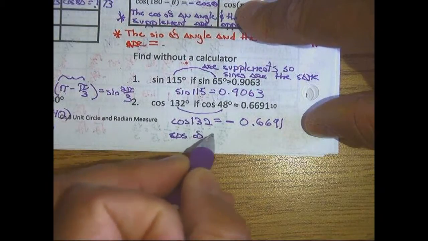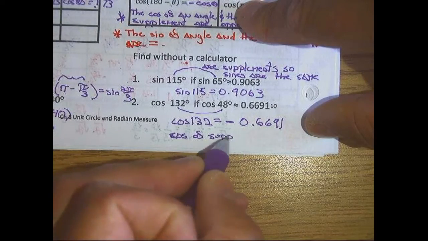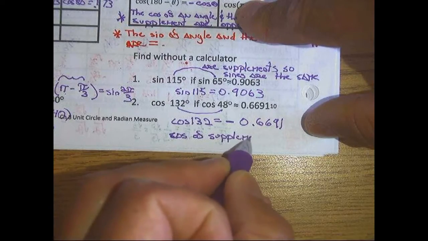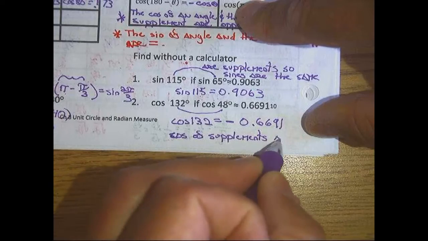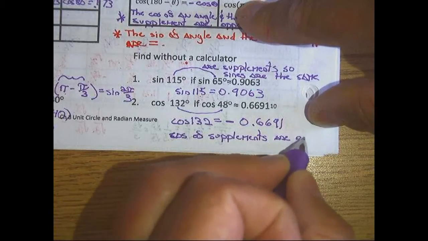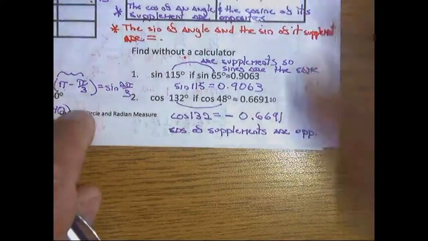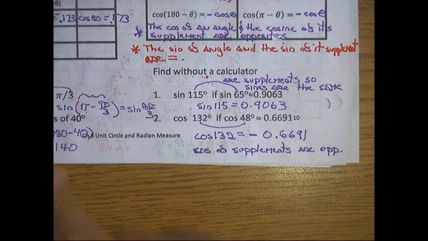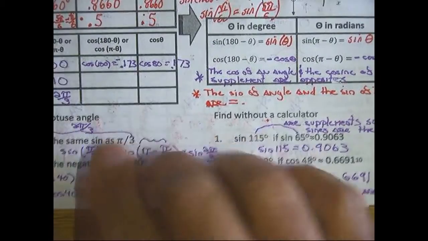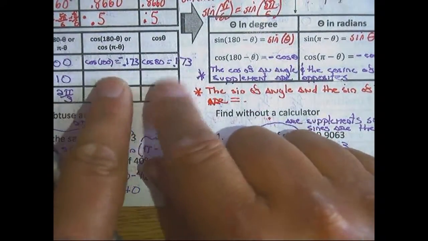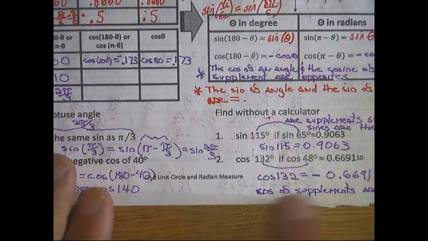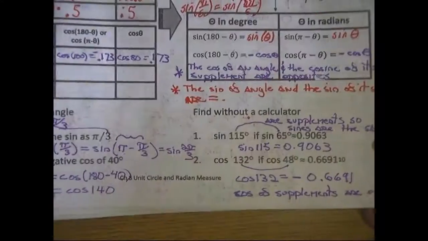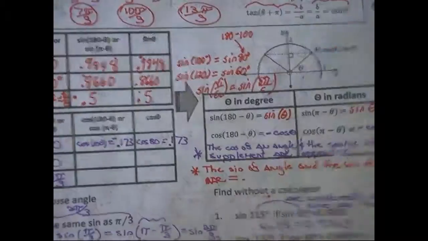Cosine of supplements are opposite. So that's using that value. And we would have seen that had we just not filled out the rest of this. And that takes us through C.